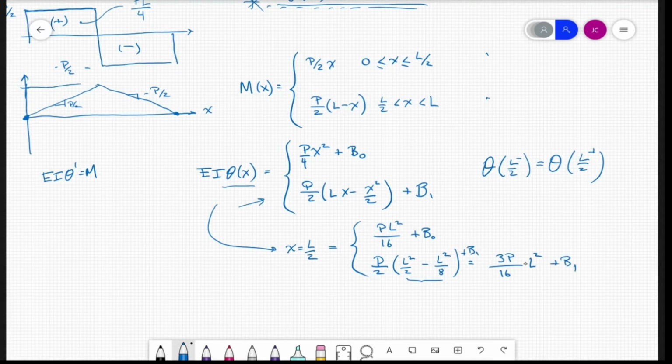And these have to be equal. We need to have continuity in the slope at L equals 2, all right? So right at the middle, we have continuity.